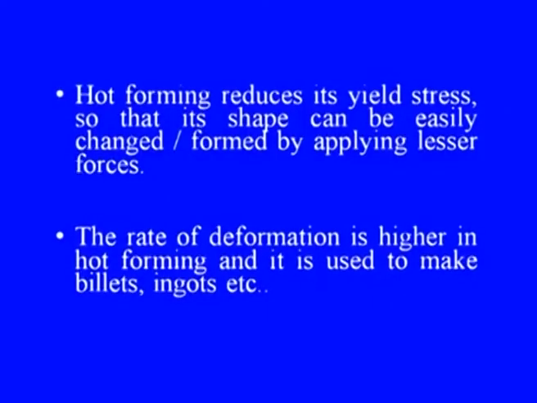Hot forming reduces the material's yield stress, so that its shape can be easily changed or formed by applying lesser forces. The rate of deformation is higher in hot forming, and it is used to make billets, ingots, etc.